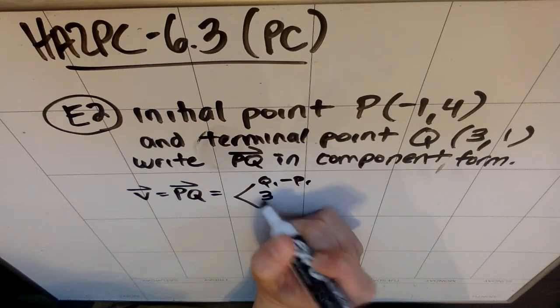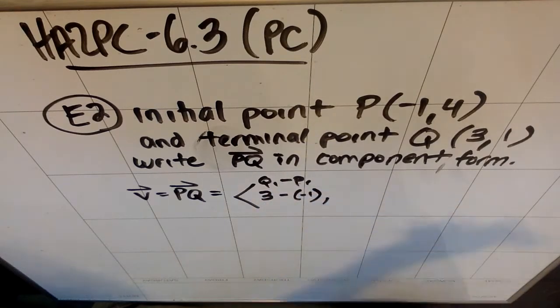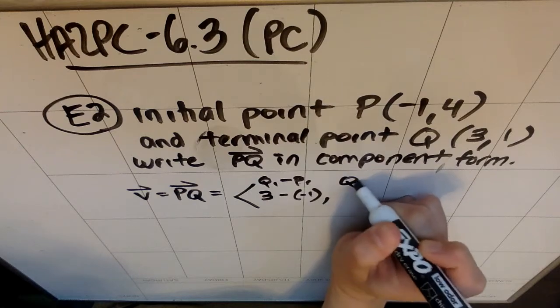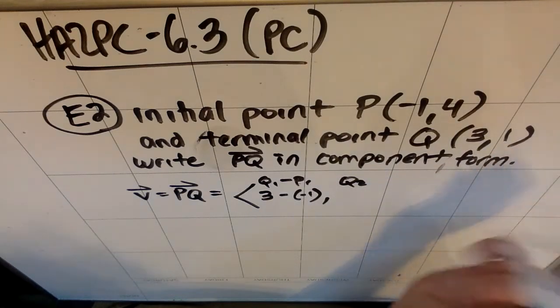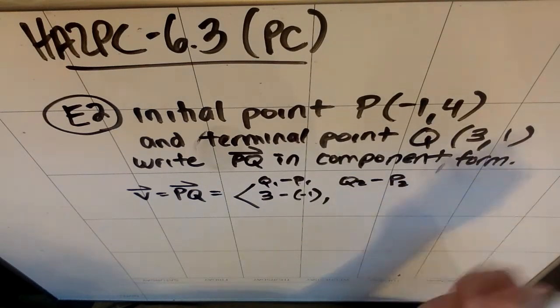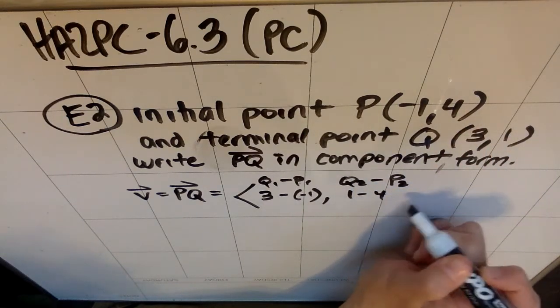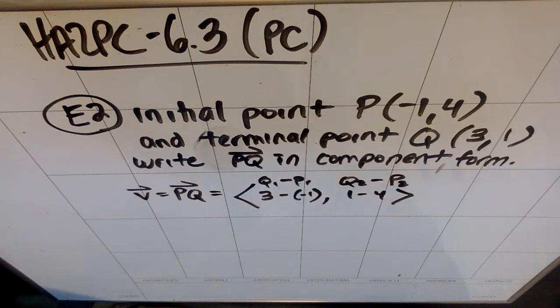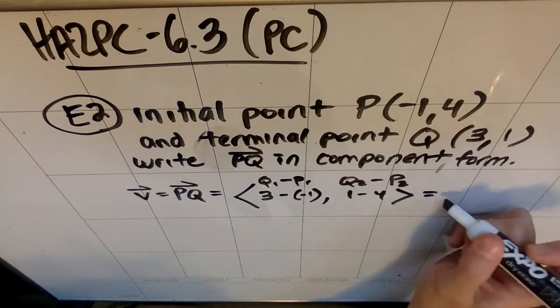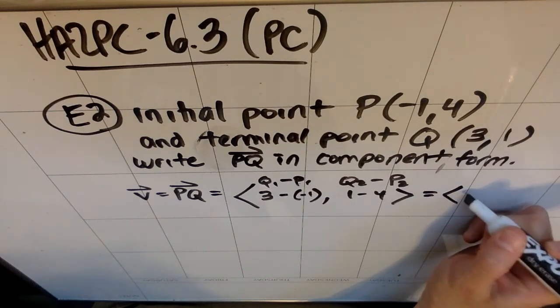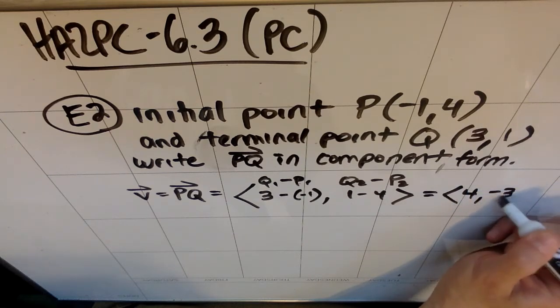So I'm going to take the 3 minus a -1. That's going to be my x component, my horizontal component. And I'm going to take my q2, which was the y of the terminal point, minus my p2, which was the y of the initial point. So I'm going to get a 1 minus a 4, right? And that's going to be my vertical component. So I'm going to end up getting that this has component form 4, comma -3.